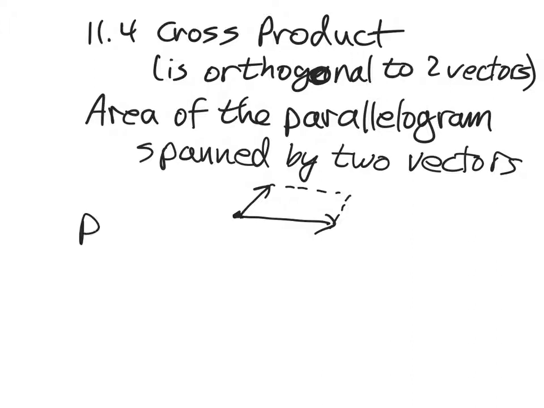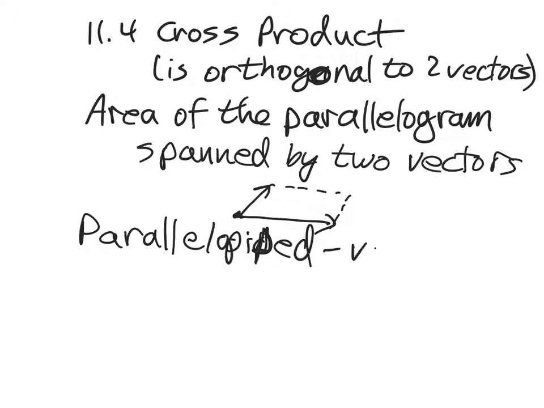The parallelepiped, if I can spell it, parallelepiped, take 2 vectors and then create a third vector and you get a 3-dimensional, a box, not necessarily a rectangular box, but parallelepiped, you can find the volume.